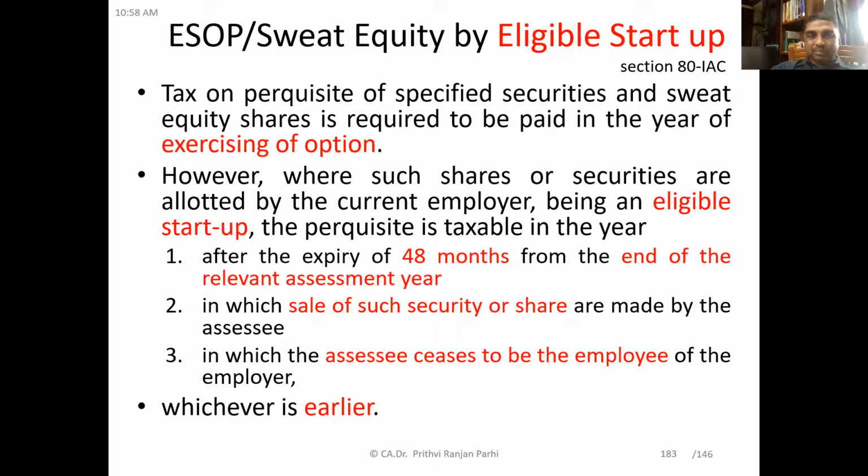However, in this case, where such shares and securities are allotted by the current employer who is an eligible startup, then perquisites will be taxable in the year after expiry of 48 months from the end of the relevant assessment year. 48 months means how many years? 12... sorry, 48 months.